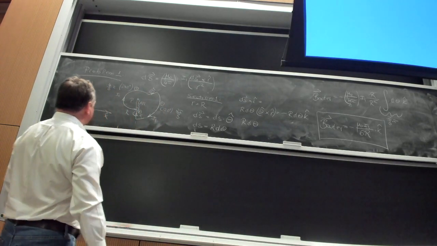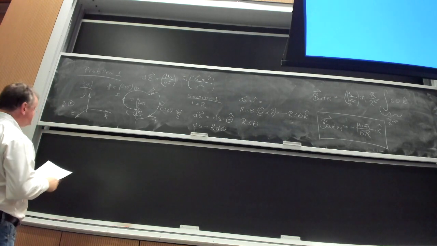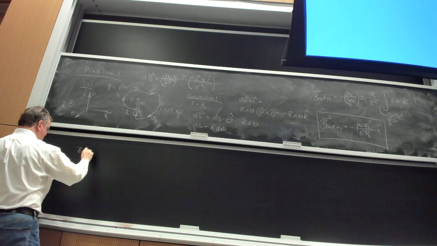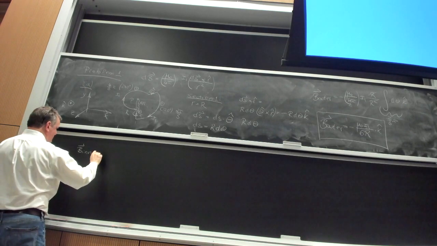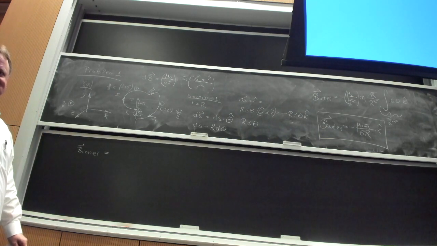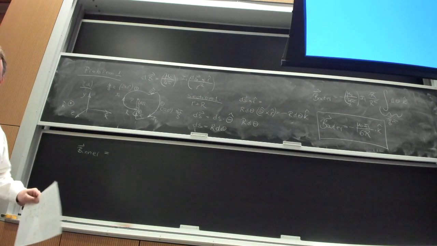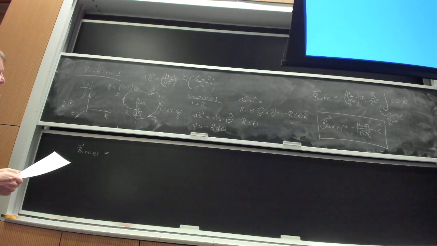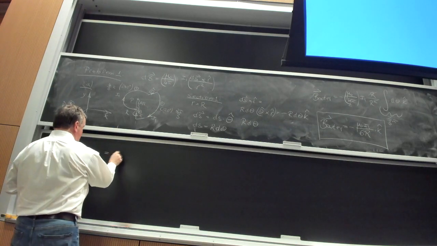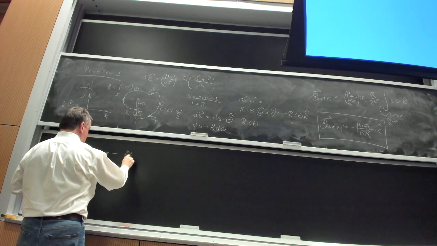So, and now for the inner section, we can essentially use the result of what we just talked about for the outer section, except we have to now use not R, but R over 2 as the respective radius. So we now have minus mu naught over 4 pi.